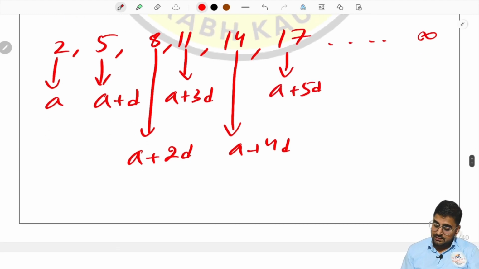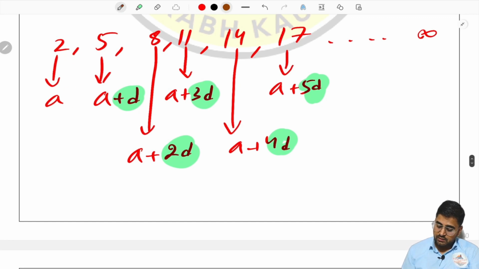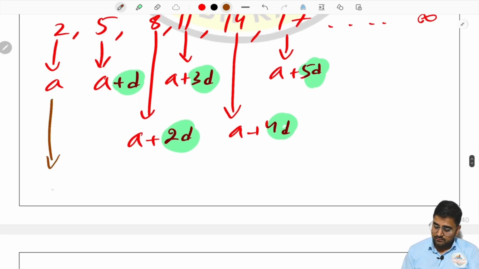So the difference is multiplied at each step. Let us check. In case of a, it is 2 only. Here the gap is 3. A plus 3, we get 5.